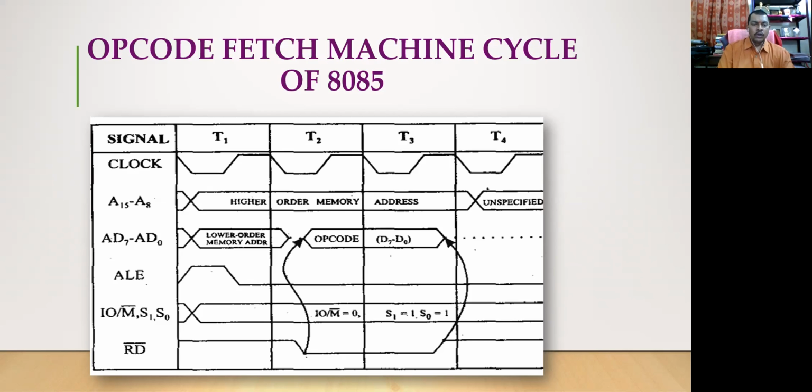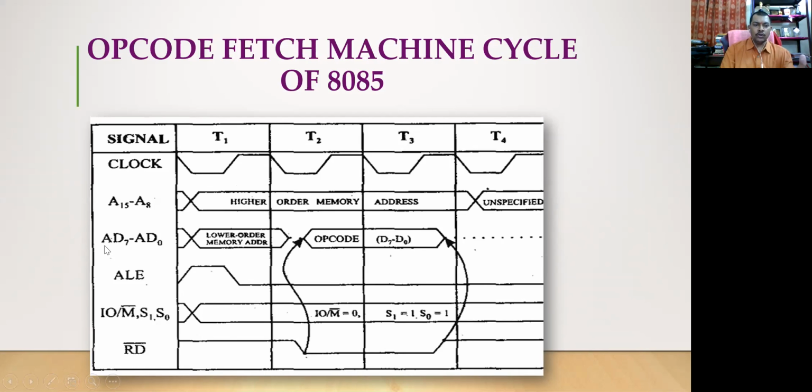Now, what does the opcode fetch machine cycle actually mean? Whenever we have a clock signal, there are T states: T1 state, then T2, T3 and T4. Simultaneously, we are going to see what happens in a particular T state. In the first timing cycle, the higher order memory address lines A8 to A15 will become high.